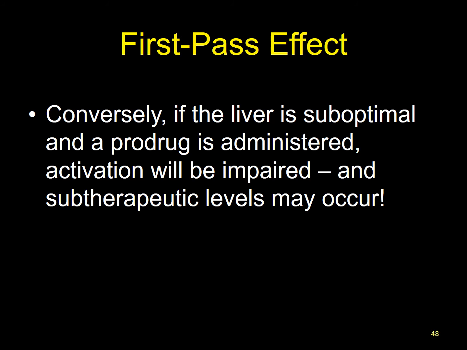Well, clopidogrel is a prodrug. When you take this orally, it's inactive, it has to pass through the liver, and it is a substrate of the cytochrome P450 2C19 isoenzyme. So when you take clopidogrel, you need cytochrome P450 2C19 to activate it. And that's fine because most of us have plenty of 2C19, and if we take clopidogrel, it'll be activated and everything will be good.